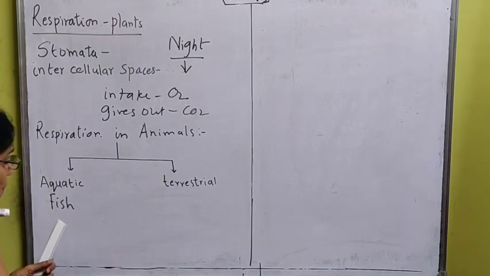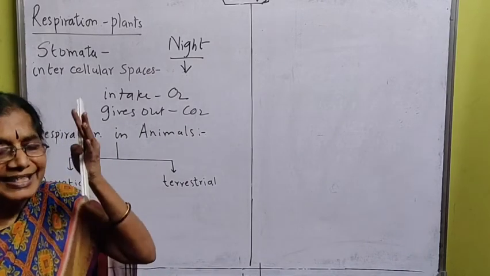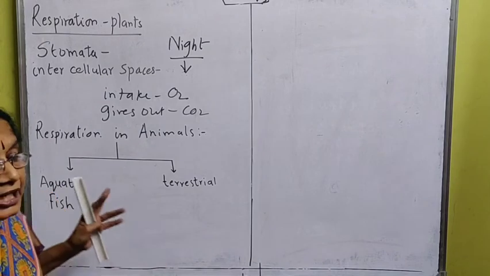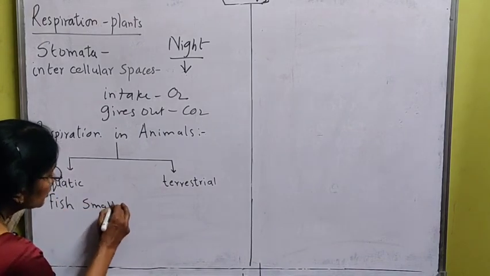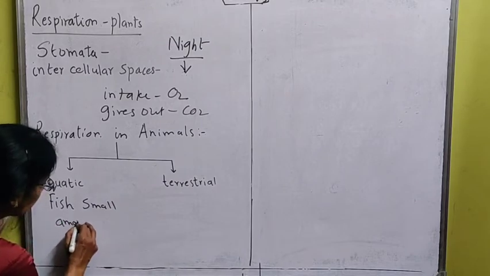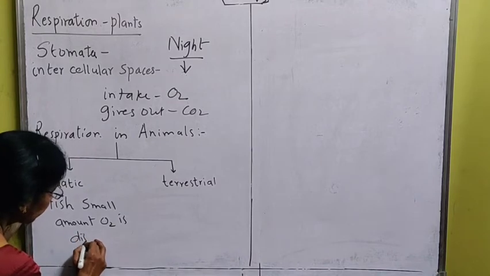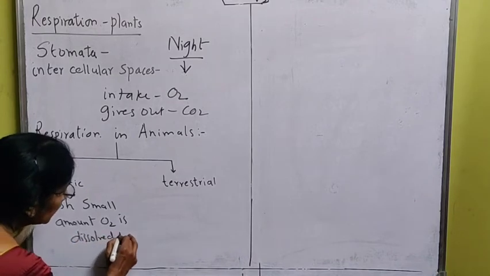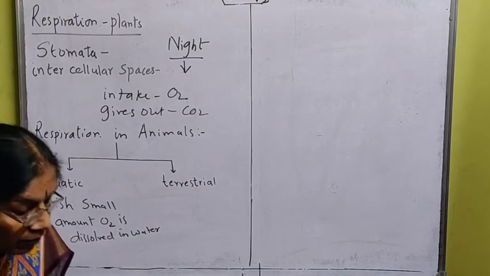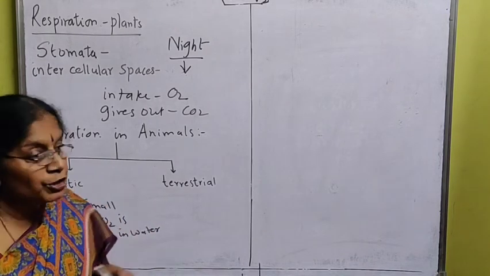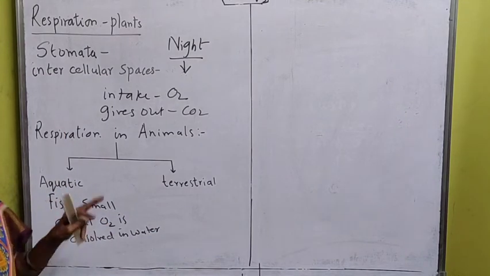Now what happens? The oxygen in the air is present abundantly, but in water a small amount of oxygen is dissolved, and that amount which is dissolved in the water should be taken by the aquatic animals, that is fish, whales, octopus.